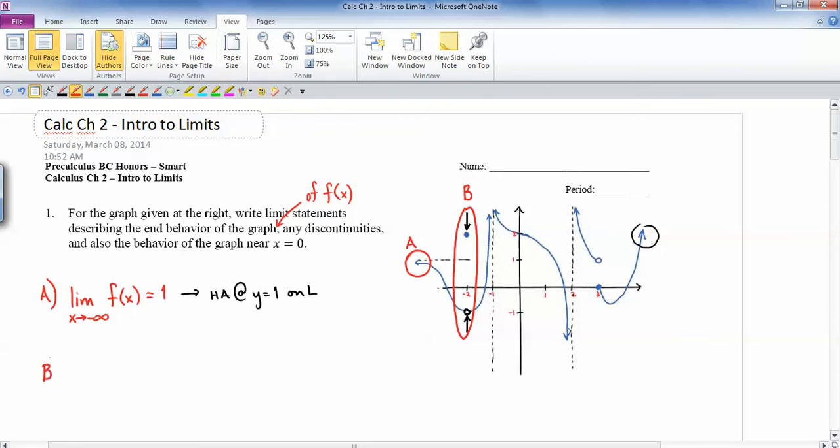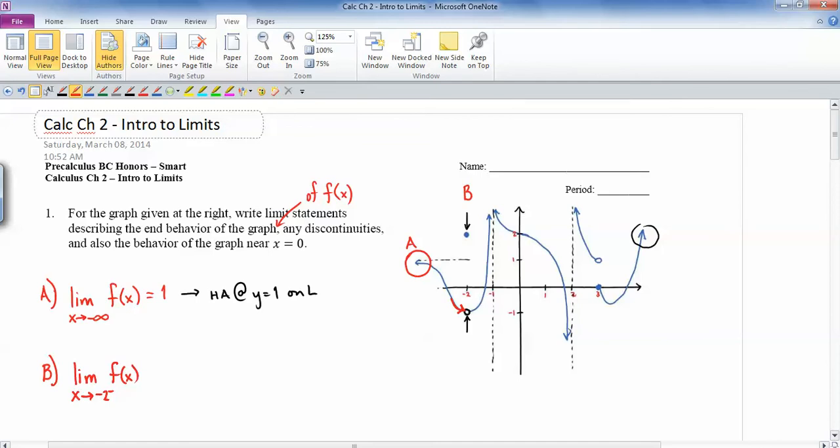So for B, if we look at that part of the graph, as I get close to -2 from the left side, the function is close to -1. It doesn't actually matter what happens at -2 when I write a limit statement. I'm saying what happens as x gets close to -2 from the left side. Notice it says as x gets close to -2, not what happens at -2.